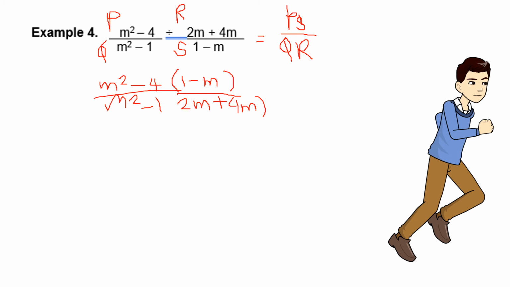Okay. Then, simplify na natin sila. Factor natin. Ang M squared minus 4, meron siyang factor na M plus 2, sum and difference, M minus 2.